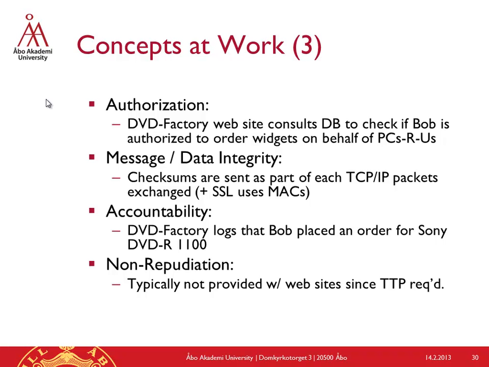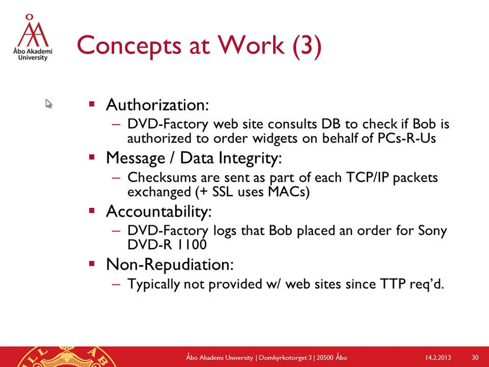Additionally, we can talk about authorization. When Bob is authenticated, does he have the ability to order DVDs from this site, or can he just browse through already ordered items, to see what was previously ordered? Also, there has to be data or message integrity, so we have to check that all this information has integrity and is secure.